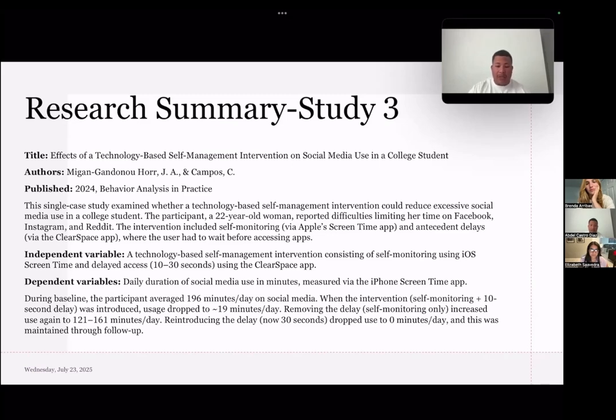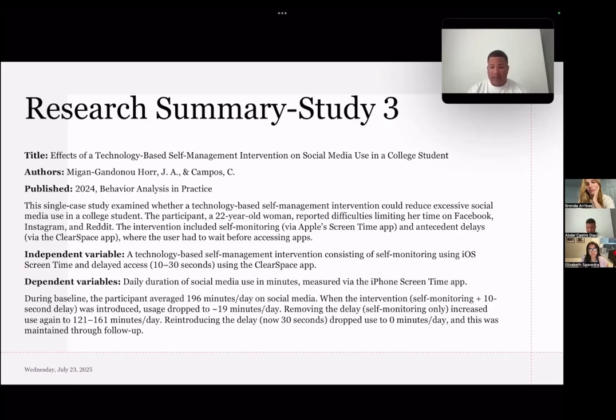As a result, they found that the participant at the beginning averaged around 96 minutes a day on social media. When self-monitoring with the 10-second delay was introduced, the usage of the applications dropped to 19 minutes per day.